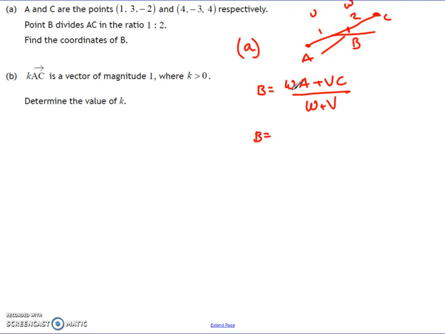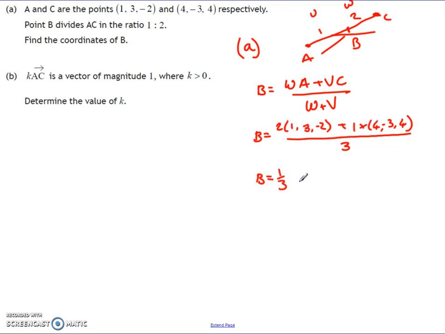So B in this case is going to be W times A. Now W is the opposite side, so it's 2. So it's going to be 2 times the 1, 3, negative 2, plus 1 times the 4, negative 3, 4. That's the C coordinate. And then that's all going to be over the W plus V, which is 3. So in this case, it's going to be equal to a third, and then we just calculate all the bits.